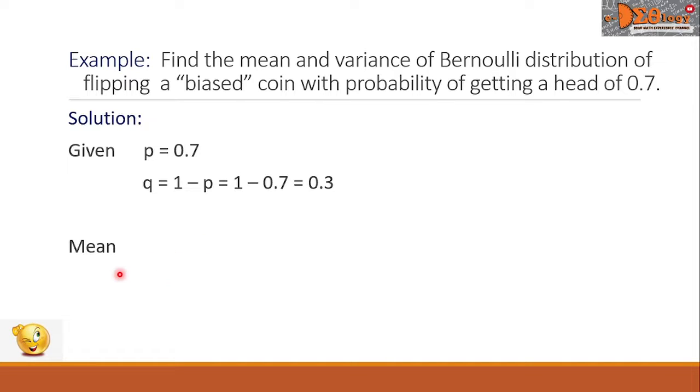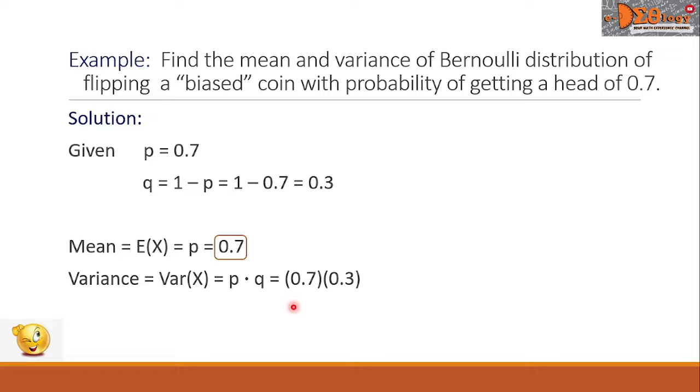Now let's get the mean. Our notation, capital E of x, this is equal to p, which means the mean is that same value, 0.7. The variance here now becomes this notation, var of x, and our formula, p times q.